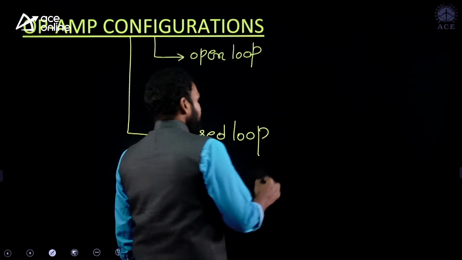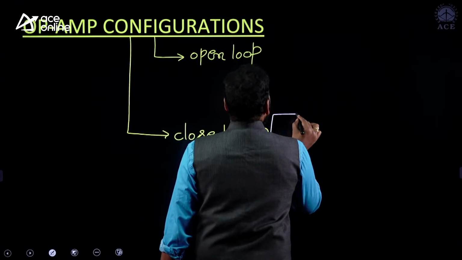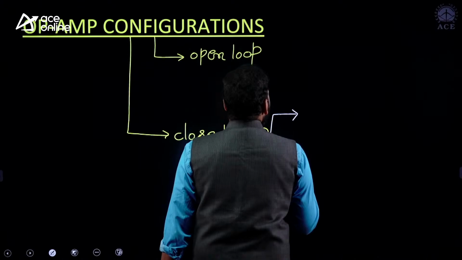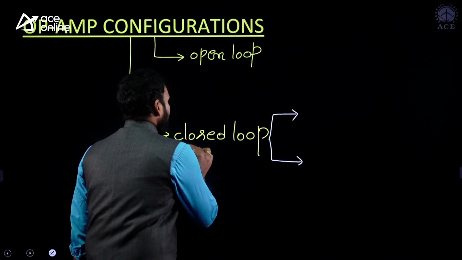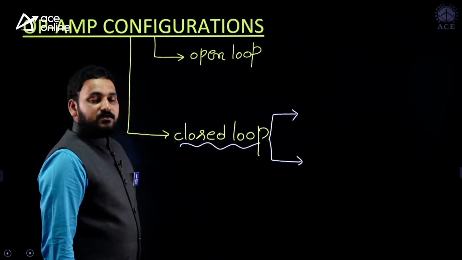And in closed loop, there are 2 types based on how you are connecting the feedback. Closed loop means under or with feedback.